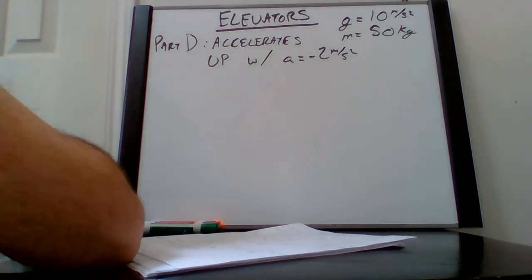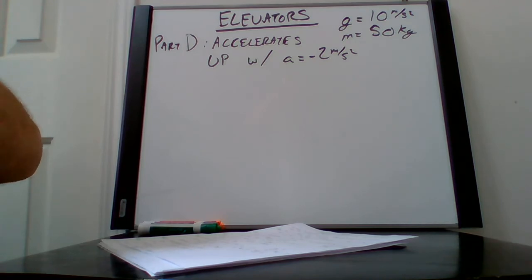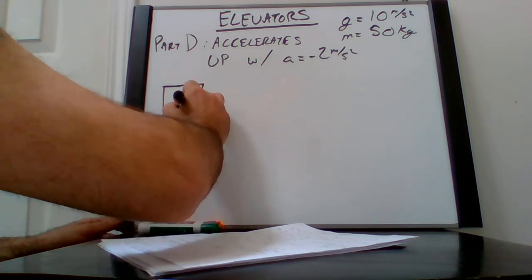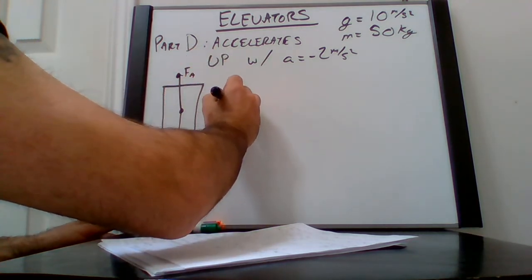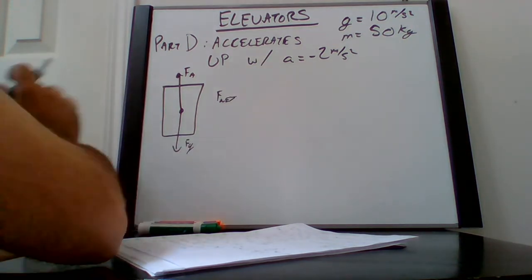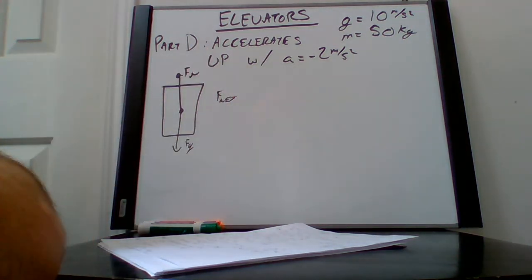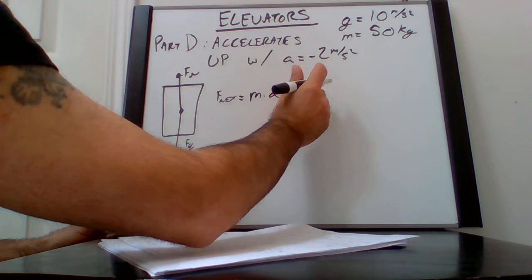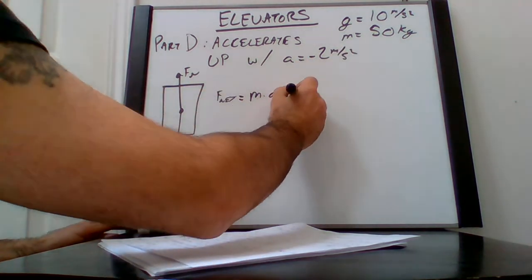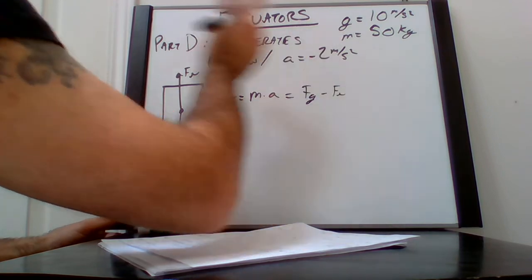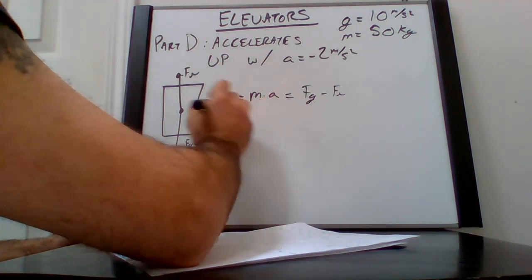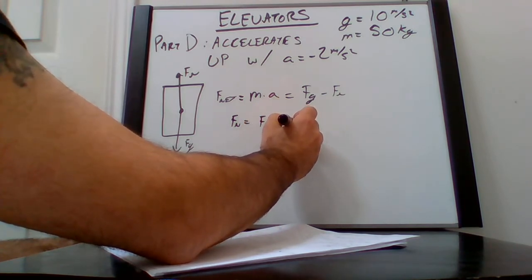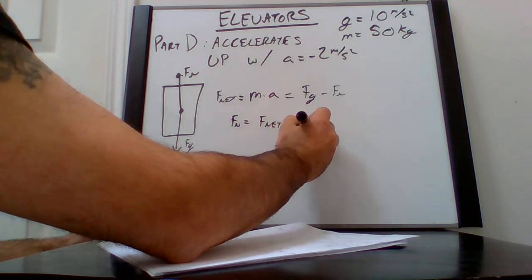Okay, so very similar here as we did in part B, right? We want to take a look at what's happening to our total system. We have our Fg, we have our normal force, because we're slowing down in that upwards direction. Our F net equals our m times our acceleration here, and it also equals our Fg minus our Fn. So our Fn in this situation is going to be F net plus Fg.